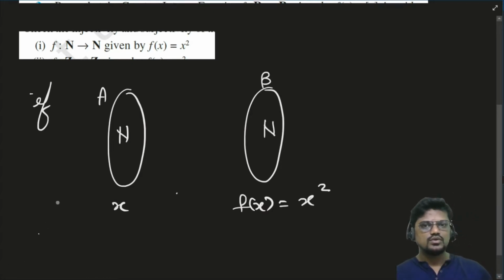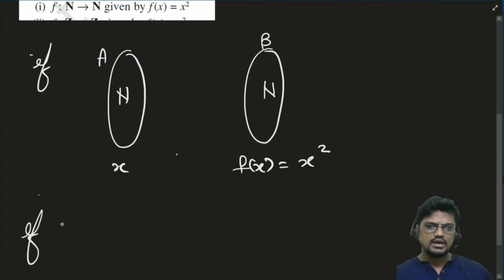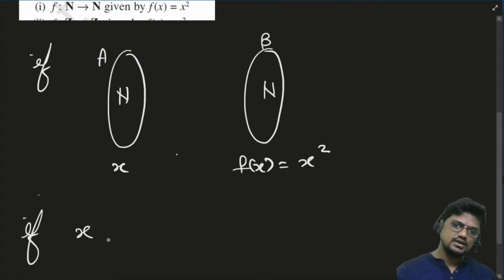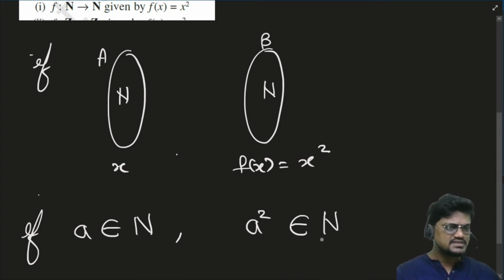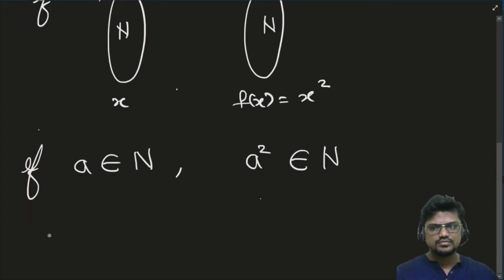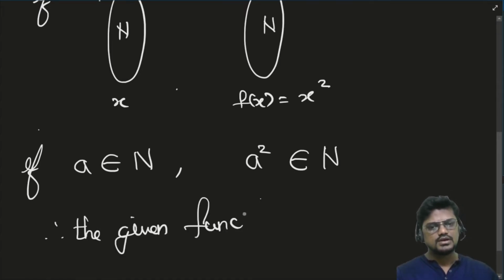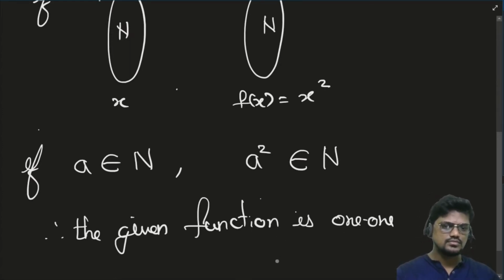Now if a belongs to the natural numbers, does a square belong to the natural numbers? Yes, it is true. Therefore the given function is a 1-1 function.